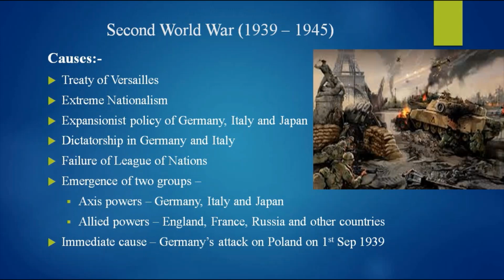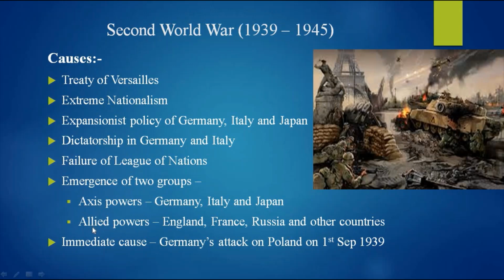And again in these causes, the emergence of two groups. There we discussed the Triple Entente and Triple Alliance, here Axis powers and Allied powers. Germany, Italy and Japan come under the Axis powers. England, France, Russia and other countries are the Allied powers.